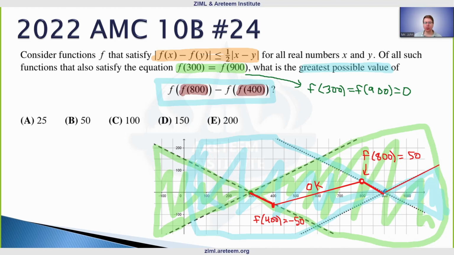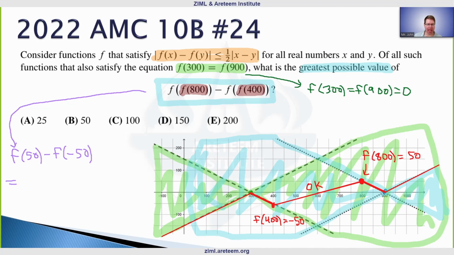And it doesn't really matter what we do in the other direction, but just for completeness, because we are doing f of 800, now our difference is becoming f of 50. So if we're interpreting this difference here, this is becoming f of 50 minus f of negative 50. And there's no absolute values here, so let's be a little bit careful. So let's have our function zigzag down.